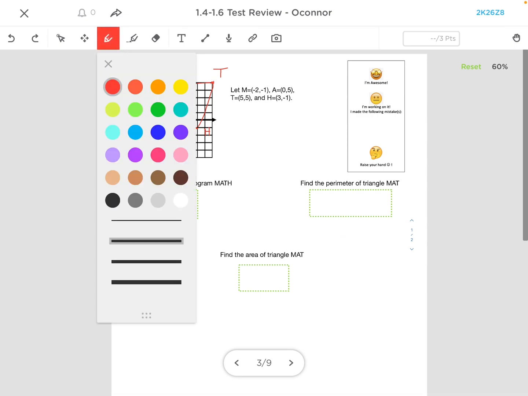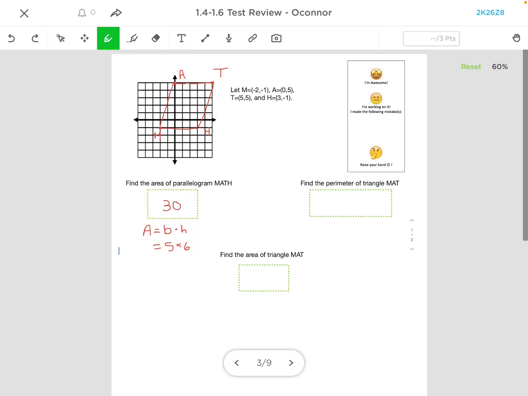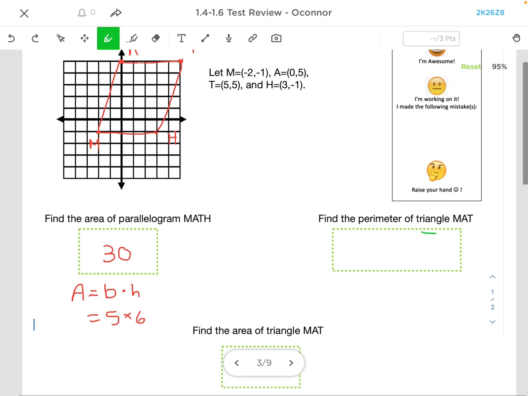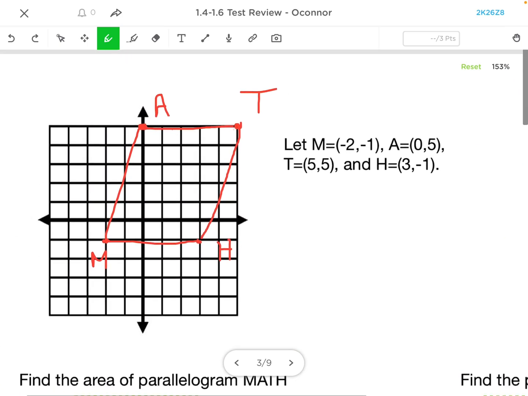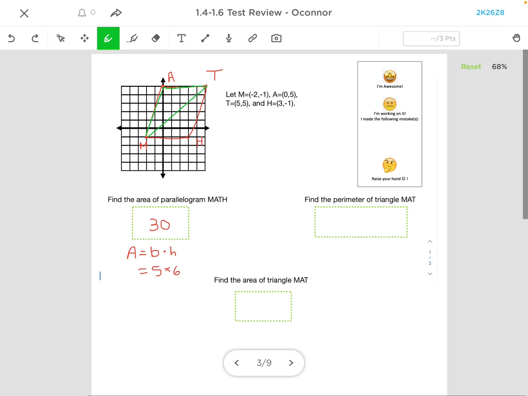Now for the second part, be careful, it says perimeter of triangle MAT. So triangle MAT, I'm going to connect here because that green triangle is triangle MAT.